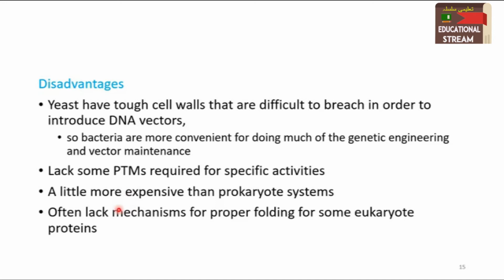For instance, the heterologous proteins which need proper folding do not fold properly because the yeast may lack some enzymes which are required to modify the protein to its active form, or the expression of the protein may become difficult due to certain features of the gene sequence itself.